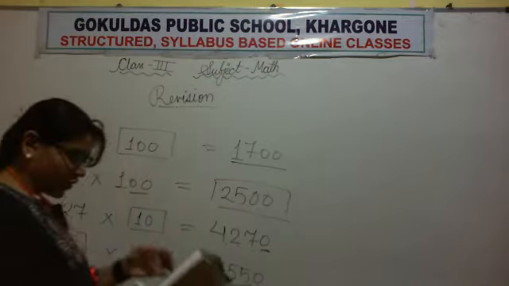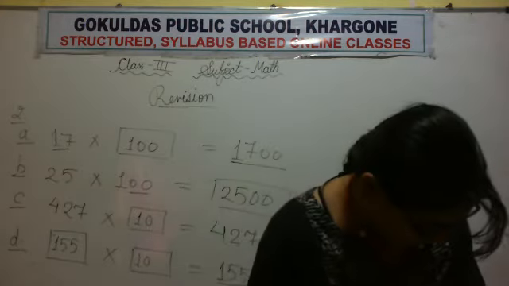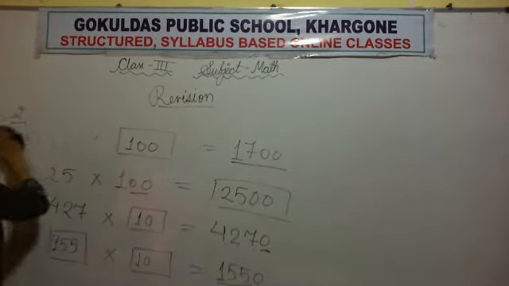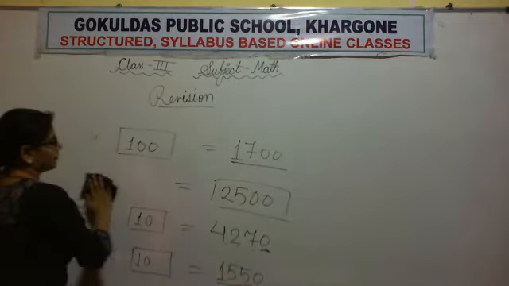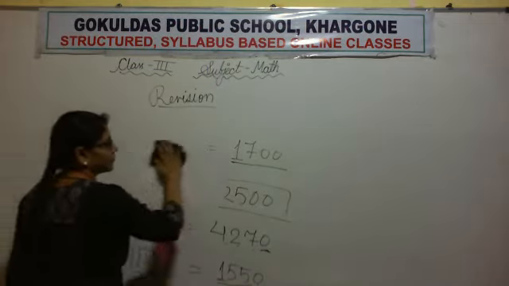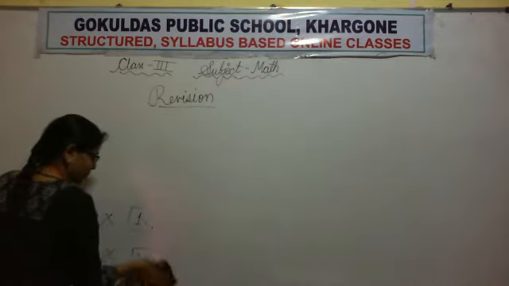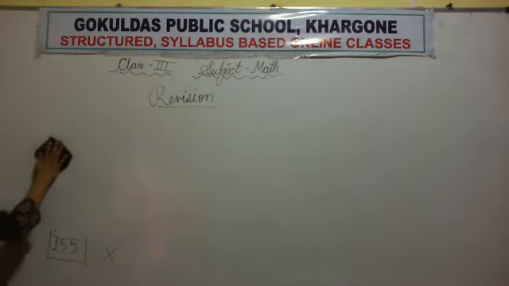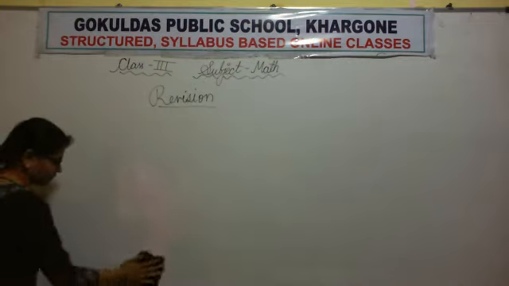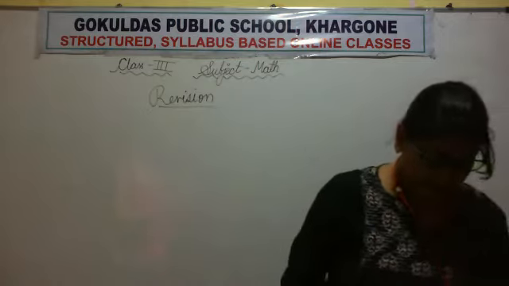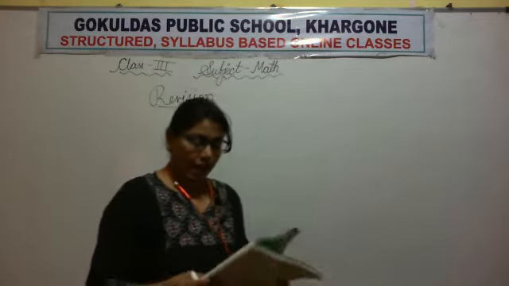Okay. So now moving further, question number 3. All of you read question 3. So question number 3 is: write T for the correct and F for the incorrect sum.